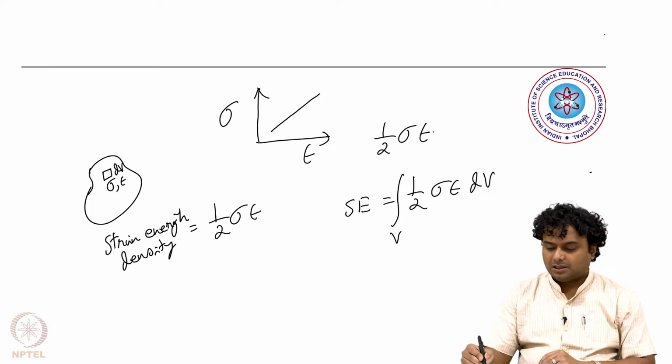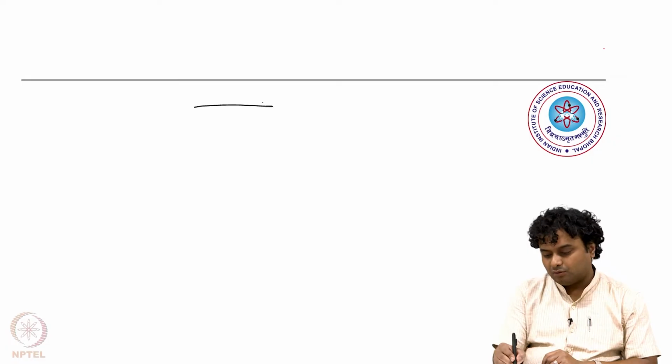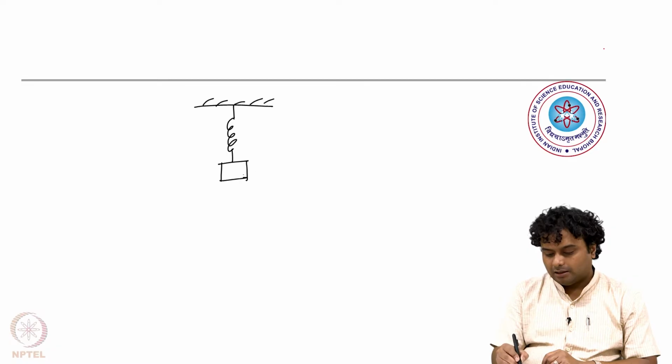Now this half sigma epsilon you can also relate to the spring mass system. For a spring mass system, let us say you have a spring of spring constant k and a mass m, and let us say the deflection is x.